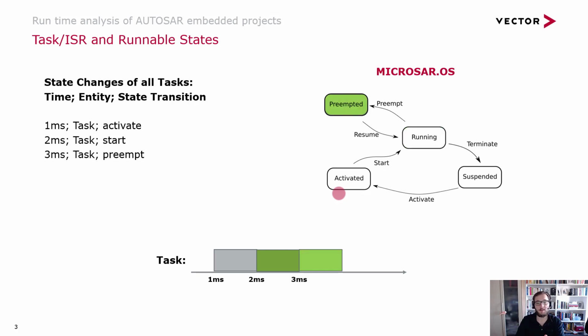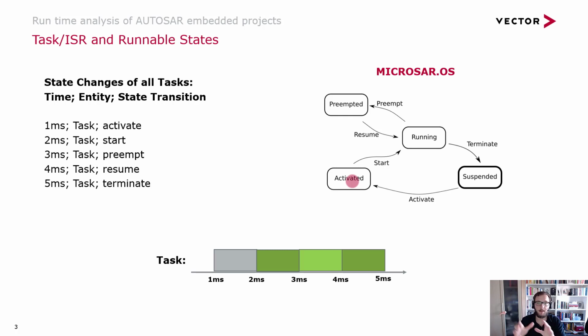After 1 further millisecond, at 3 milliseconds, it's now preempted because another task is interrupting the activity. And then finally it gets running again, and afterwards is suspended because it's finished until it gets activated again. So that's what I mean when I talk about scheduling traces and a timeline in the further steps of this video.